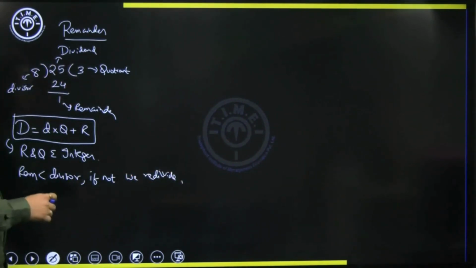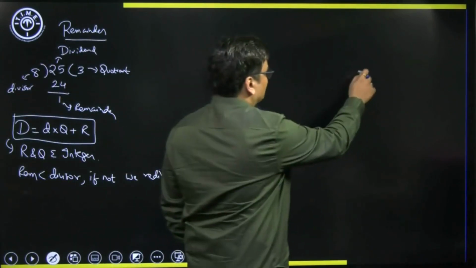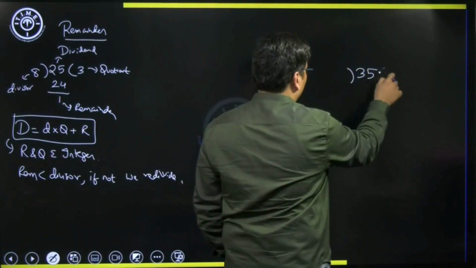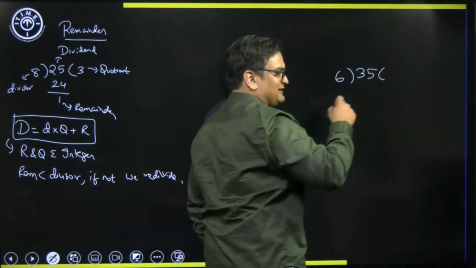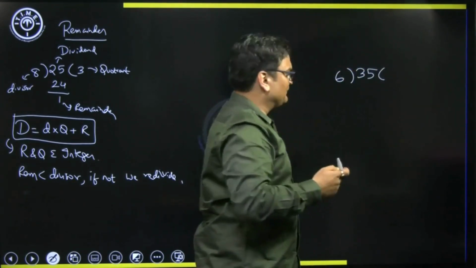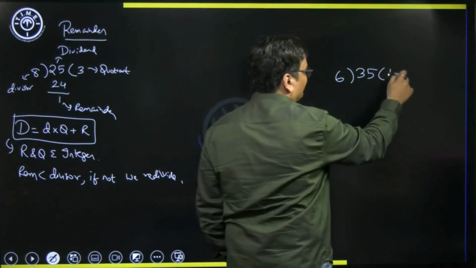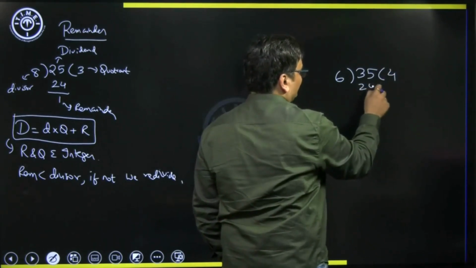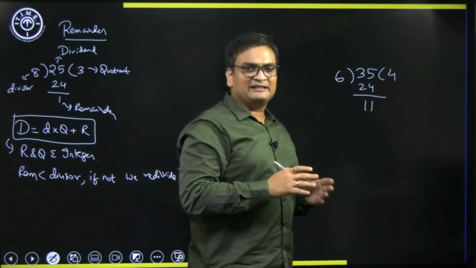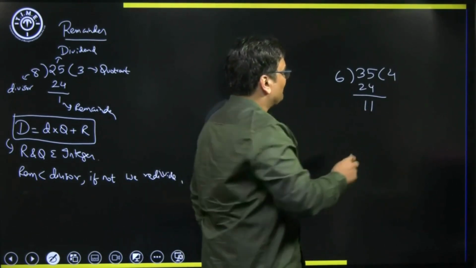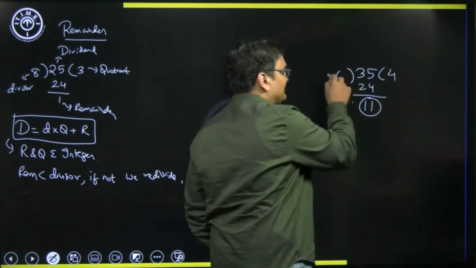Observe, if you have a calculation to perform, let us say 35 by 6. We know that 6 goes 5 times, 6 fives are 30. Let us say I make a mistake here and say 6 goes 4 times. 6 into 4 is 24, difference is 11, so I say my remainder is 11. This is clearly a wrong calculation because my remainder, 11, is more than the divisor.